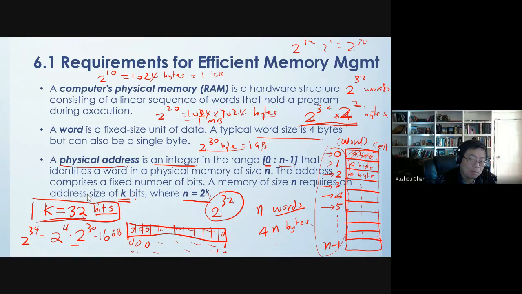With a modern PC now, I think 16 gigabytes is big, but not really that big, right?